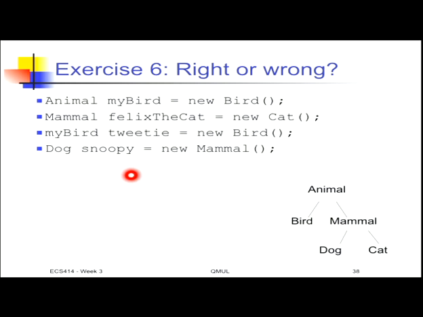So here we are trying to replace an instance of a class with an instance of a superclass of that class. That is not allowed. We can go in the opposite direction. We can replace an instance of a class with an instance of a subclass, not with an instance of a superclass. No.